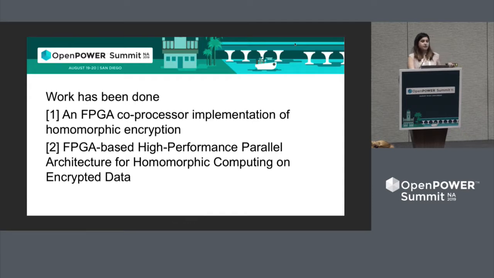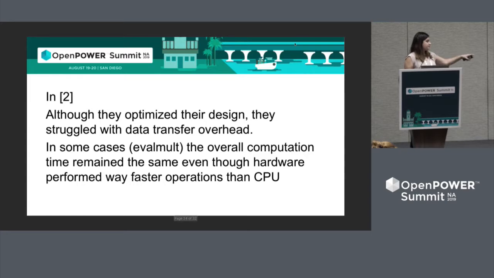There has been work done on boosting the speed of homomorphic encryption schemes with FPGAs. There have been FPGA coprocessors and FPGA-based high-performance parallel architectures. In the second one specifically, they optimized their design and proposed a hardware accelerator for the homomorphic encryption scheme they were working on, but they were faced with a large data transfer overhead.